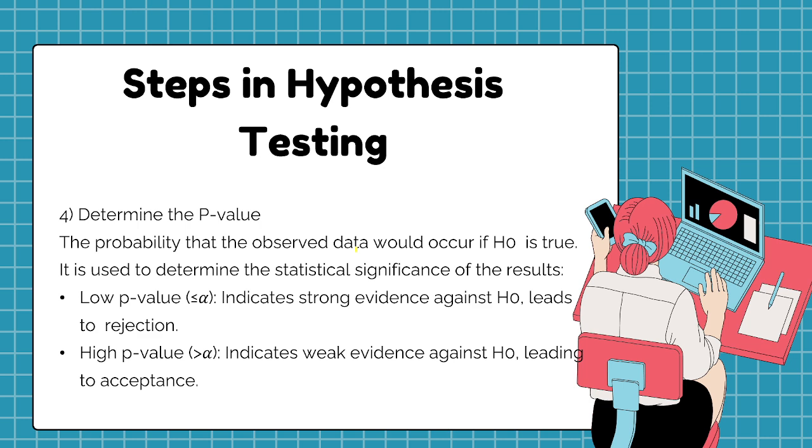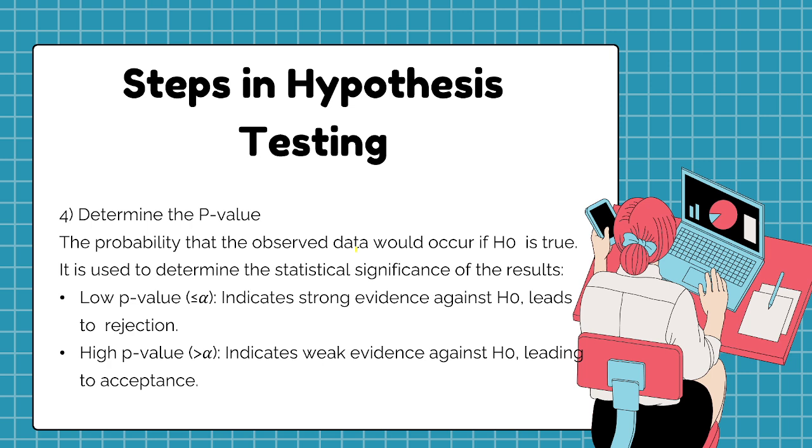Alright, next. Once we have the test statistic value, we need to find the p-value. So what is the p-value? It is the probability that the observed data would occur if the null hypothesis is true. To interpret the p-value, we look at whether it is low or high.